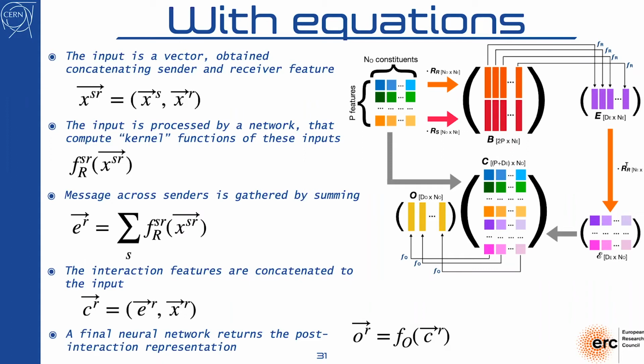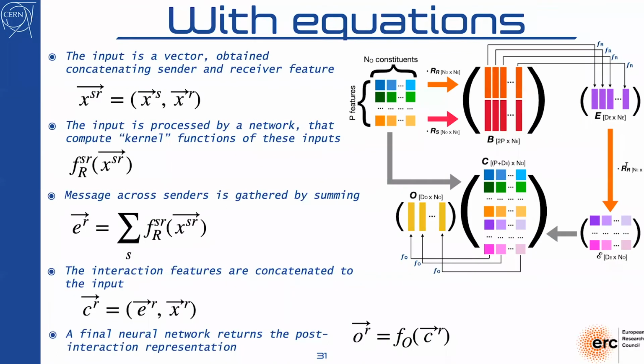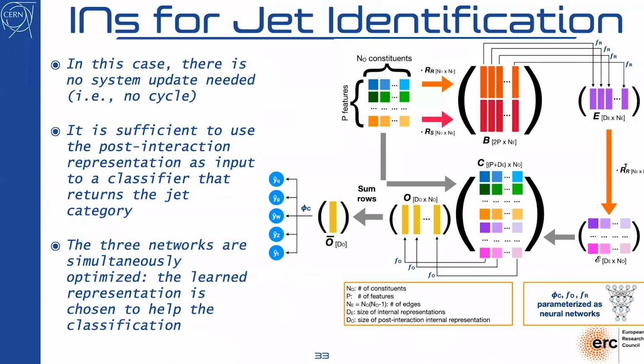So we're not building an embodied simulator. We want to have a jet classifier because our problem, remember, is this. So how do we do this? We use this very same construction, except that we only do one cycle. And after the cycle, we obtain this matrix O, which is the new representation of my NO objects.